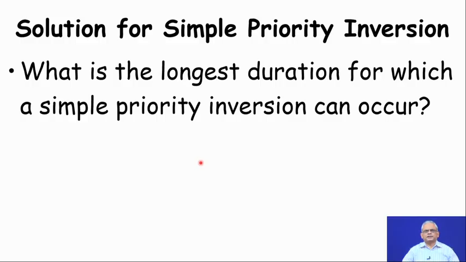First, let me ask this question: if a high priority task is undergoing priority inversion on account of a lower priority task, what is the longest duration for which the priority inversion can occur? If you think of it, we had actually mentioned it only a few minutes back.